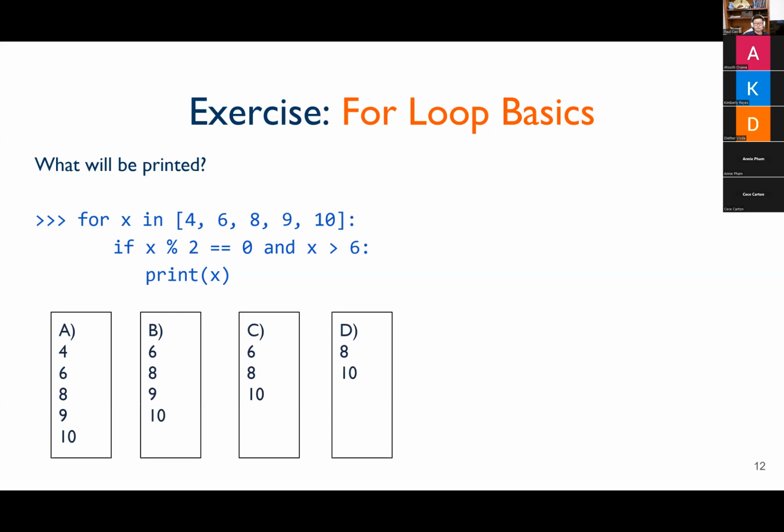All right, so let's take a look at this. A lot of us voted for D, but some of us also voted for other choices. Let's see. So X would take each of the values in here, right? So X would be 4, 6, 8, 9, and 10. And every time the loop runs, we're checking this thing. What we're basically saying is, if it's even and X is bigger than 6.